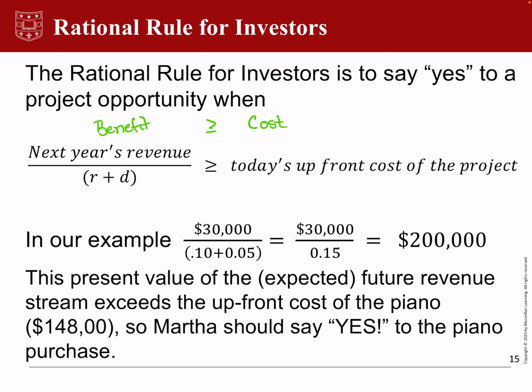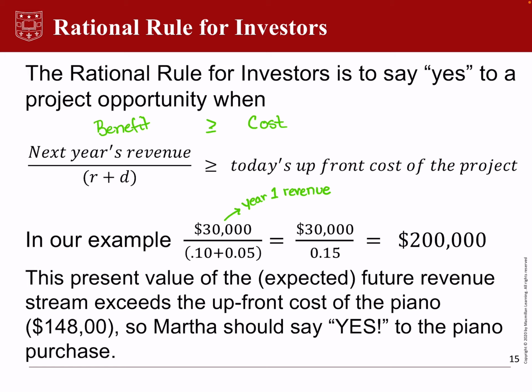So in our example, next year's revenue, the year one revenue, is $30,000. There's no depreciation yet because the piano is just put into service.